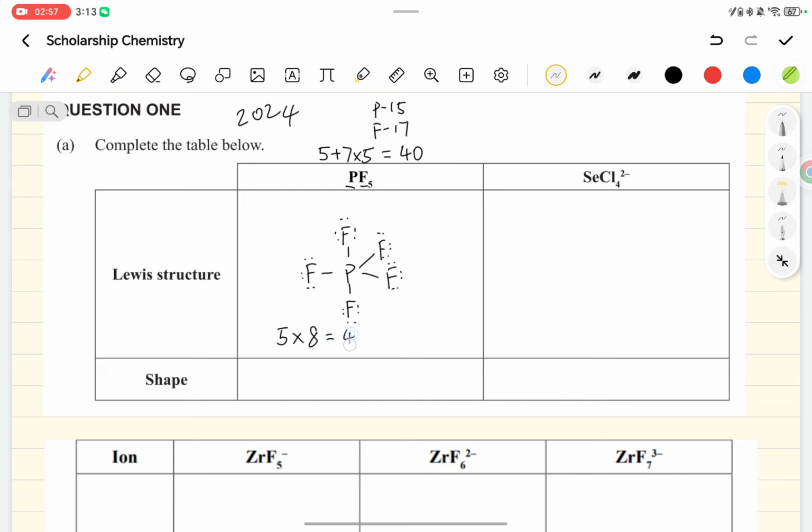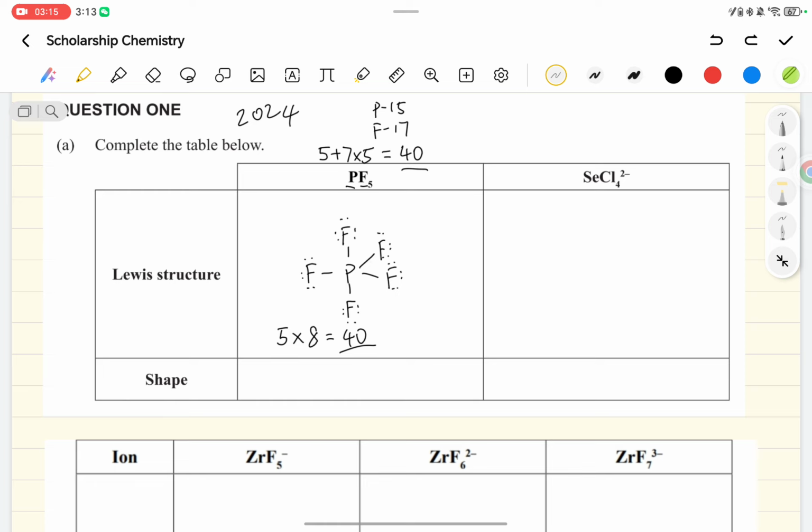This gives us 40 valence electrons. Since the numbers are the same, we know that we don't need to draw any other valence electrons, lone pairs, for the central phosphorus atom. So this is good, the structure is right.